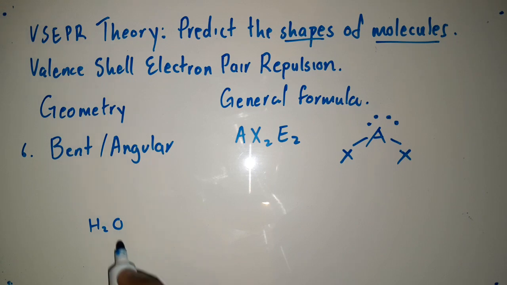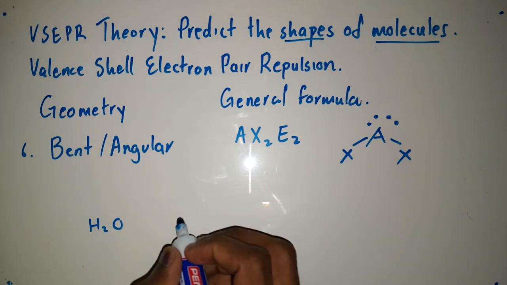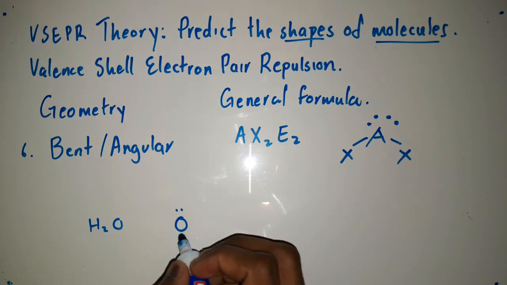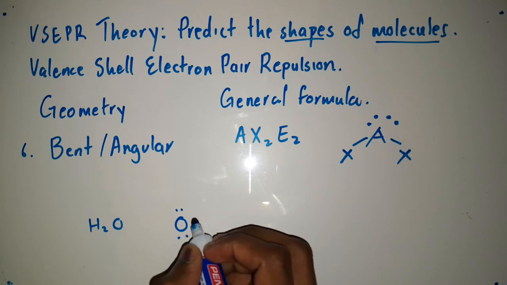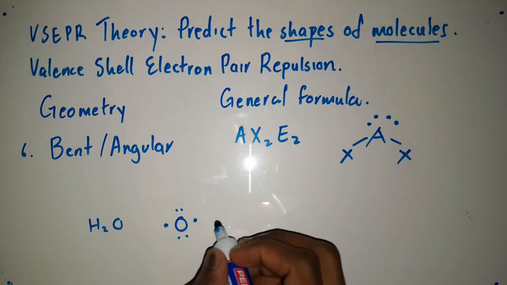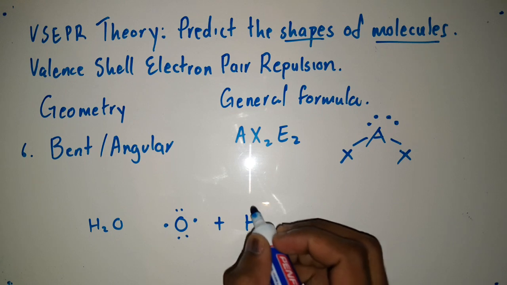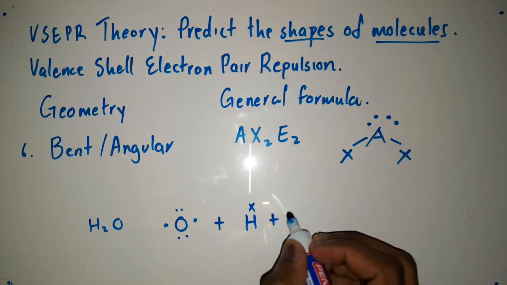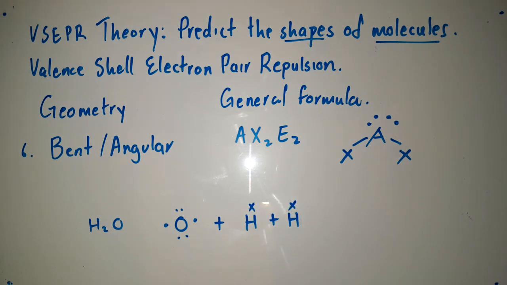We know that oxygen has 6 valence electrons, plus 2 from hydrogen. This one is going to pair with this, and this one with this. At the end of the day, this is the structure that we are going to have.